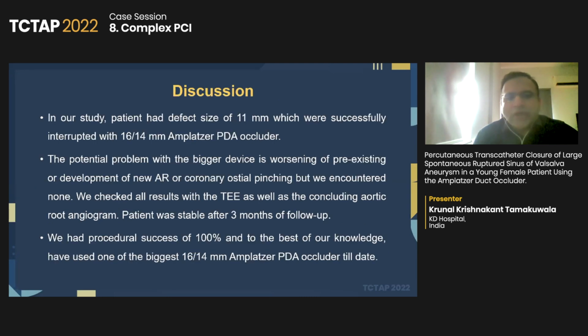In our study, the patient had a defect size of 11 mm, which we successfully closed with a 16/14 mm Emplazar PDA occluder. The potential problem with a bigger device is worsening of pre-existing AR or development of new AR, or coronary ostial pinching, but we encountered none.